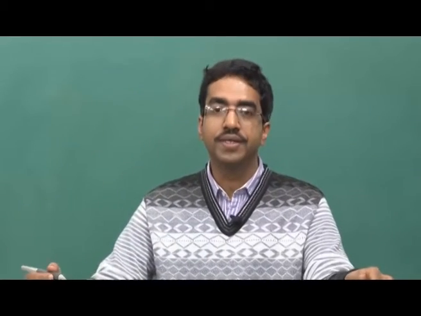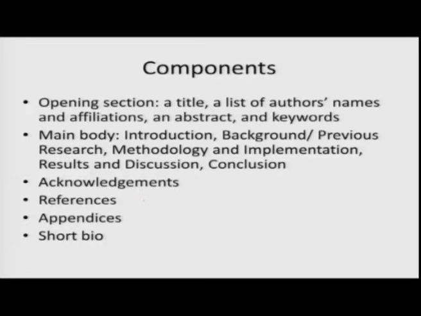Okay. So, coming to components, just like a dissertation, we can divide the components into three parts: opening section, main body, and then the other sections. The opening section has the following: a title, list of authors' names and affiliations, then abstract and keywords.